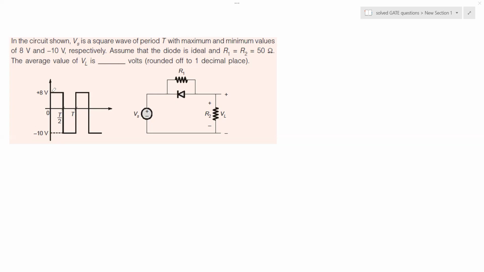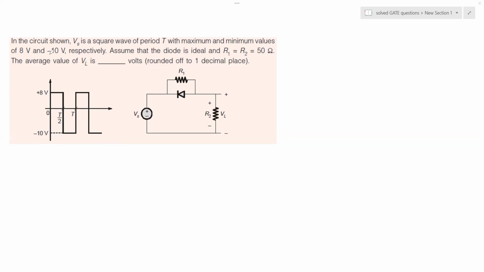And one time period of this signal is from this end to this end. Okay, so here is your T by 2 and here is your T. So the total time period here is T. And the frequency of that signal is obviously 1 over T, as can be understood.